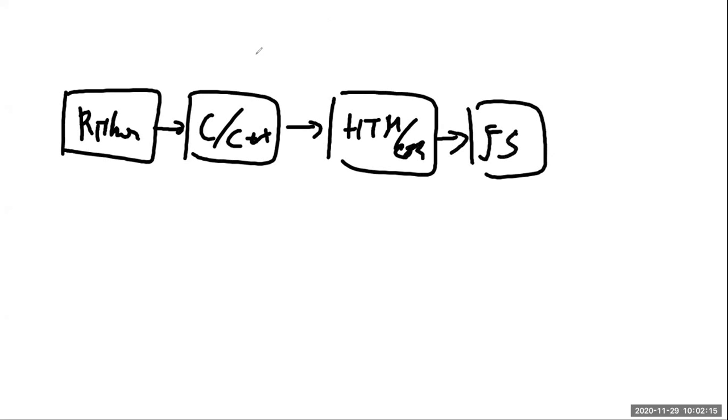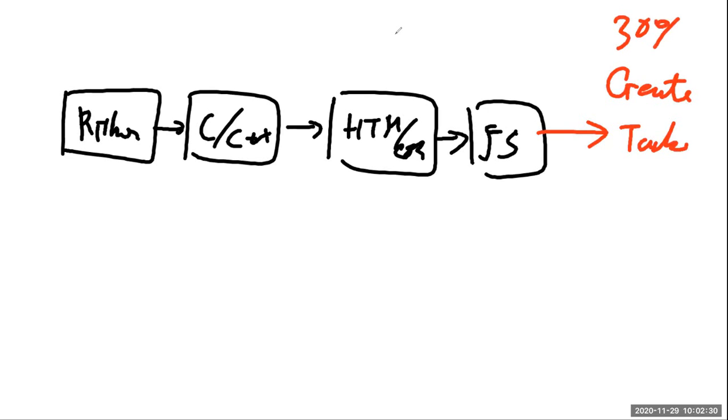Through these different languages, the whole thing is targeted so that eventually you can work on a creative task. This takes 30% of your total AP CSP exam. That's the first purpose.